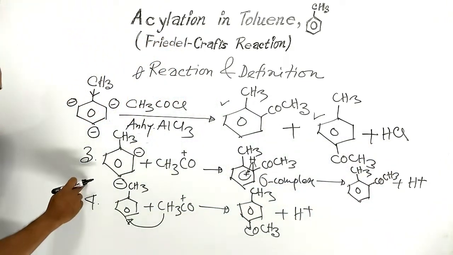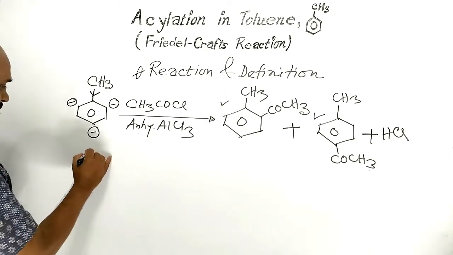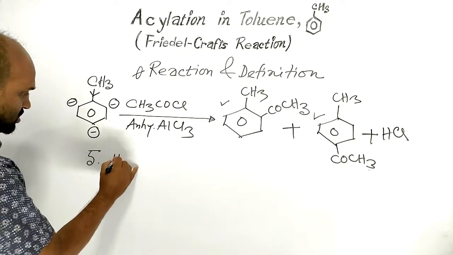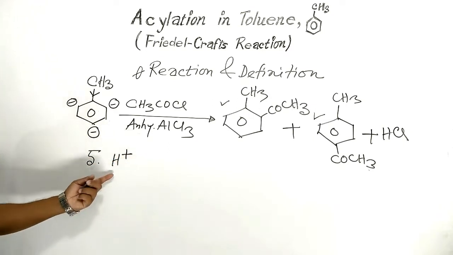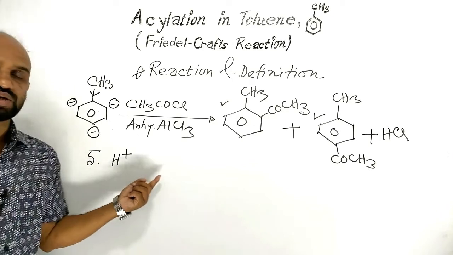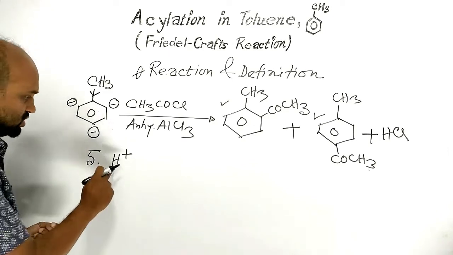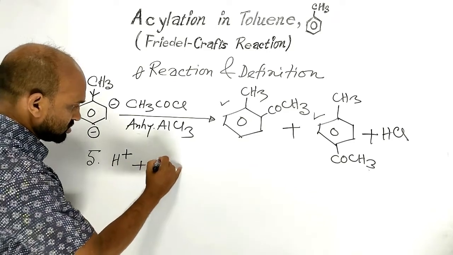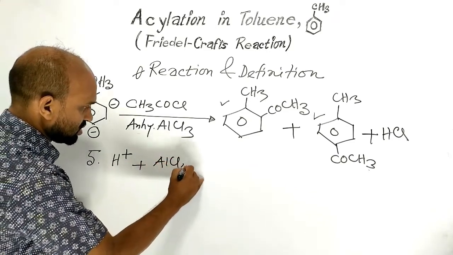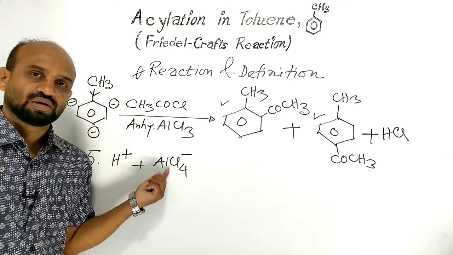Now let's see about the byproduct HCl. HCl is formed at step 5. Step 5. The proton produced at steps 3 and 4 combines with the negatively charged tetrachloroaluminate ion.